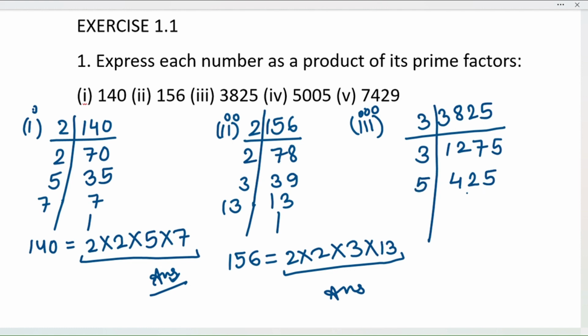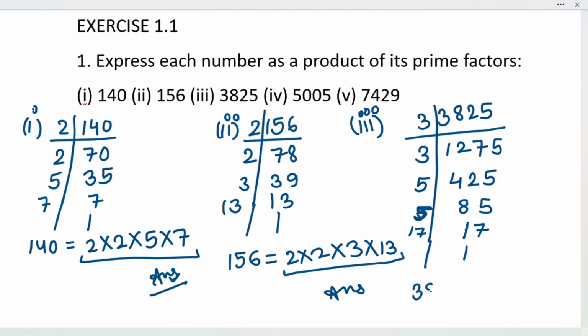Start with 5. So 85, 5. This is 5. Don't confuse it with 6. Right, guys? It is 17, 17, and then 1.